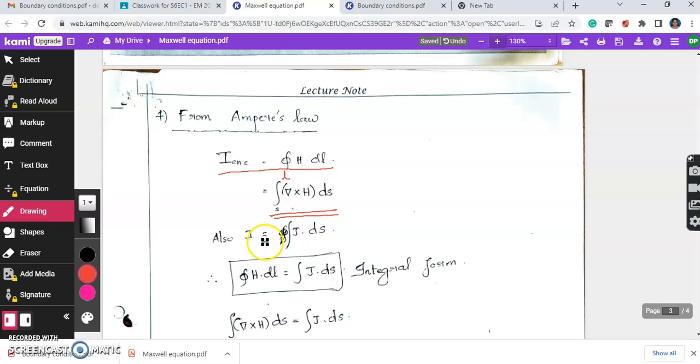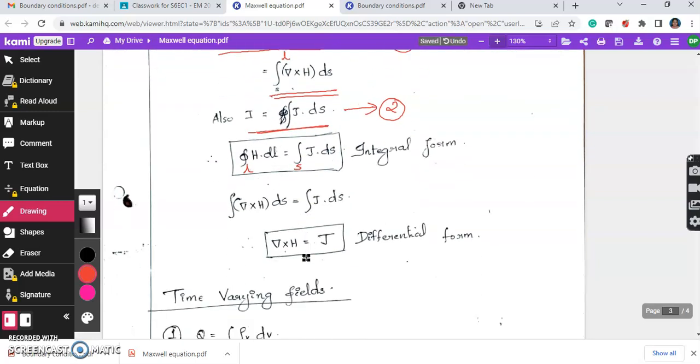Also, we know that the current I is equal to the integral J dot ds, where J is the current density. Let this be equation 2, and the same current is equal to the line integral H dot dl, let this be equation 1. By comparing 1 and 2, I can write the line integral H dot dl is equal to the surface integral J dot ds.